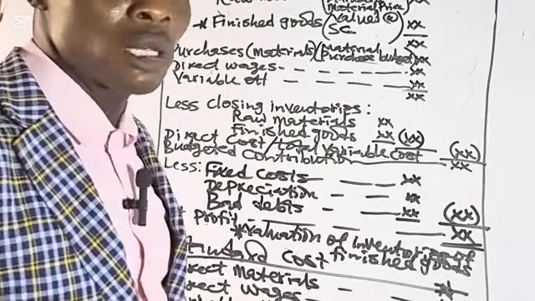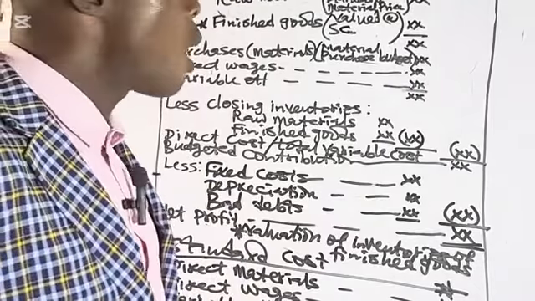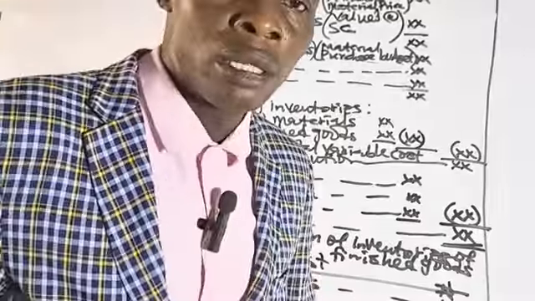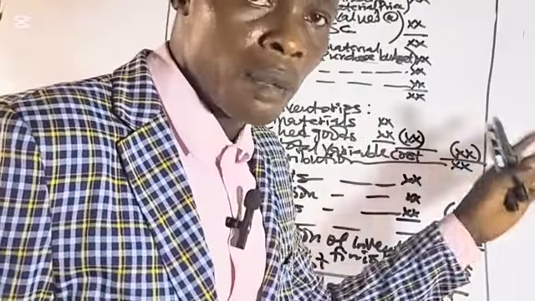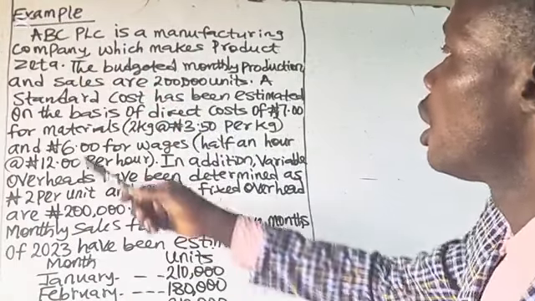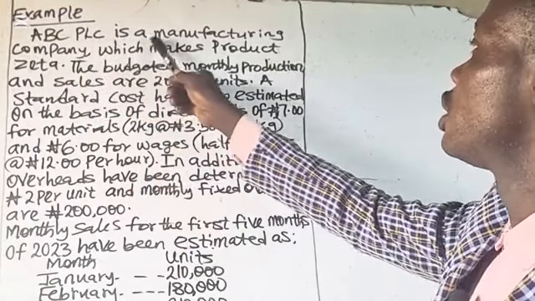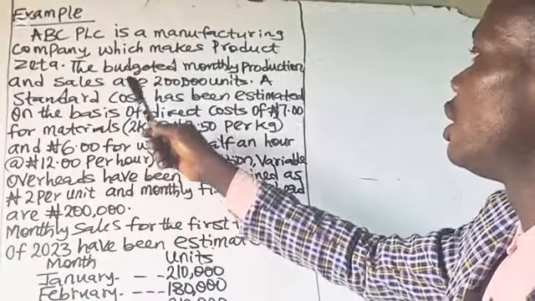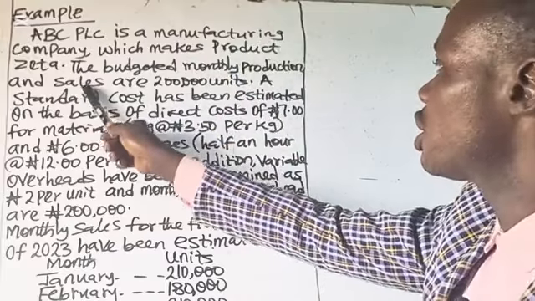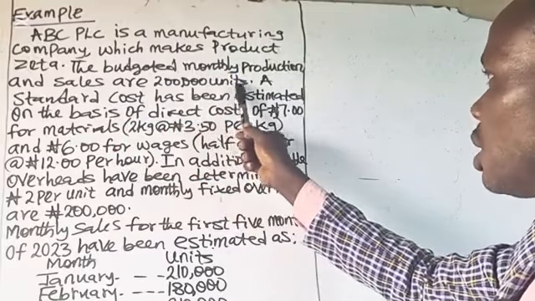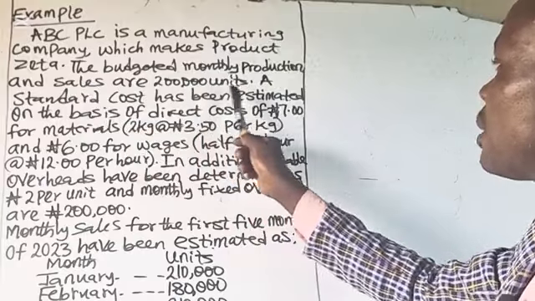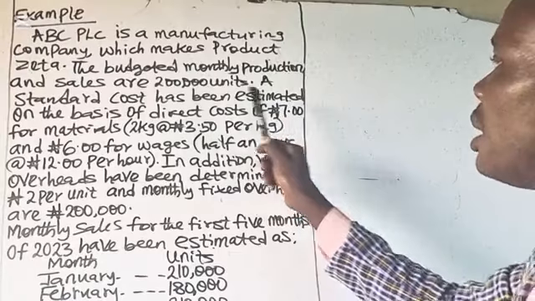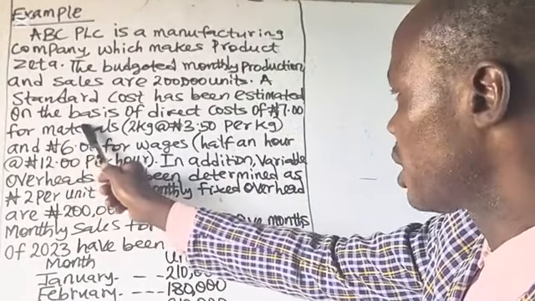I want to take a question as an example from Workout Performance Management by Ade Omolehinwa. Keep watching. Example, ABC PLC is a manufacturing company which makes product ZICA. The budgeted monthly production and sales are 200,000 units. The standard cost has been estimated on the basis of direct cost of 7 naira for materials.